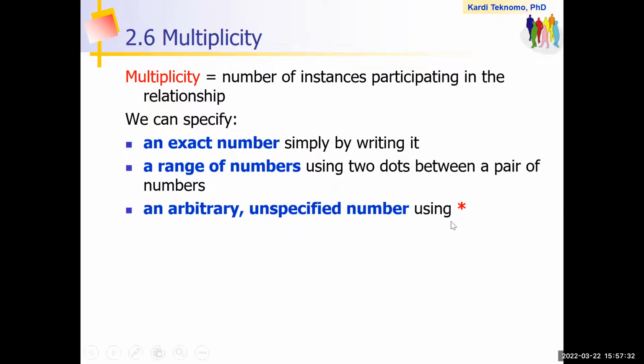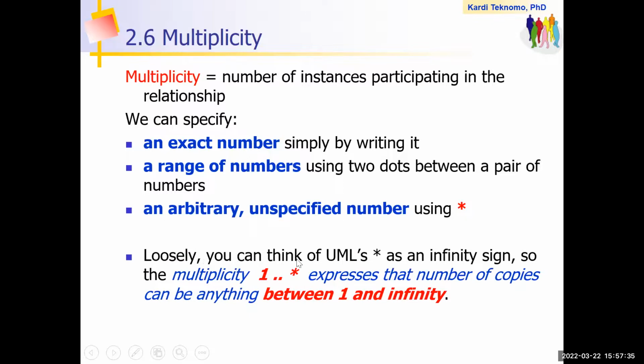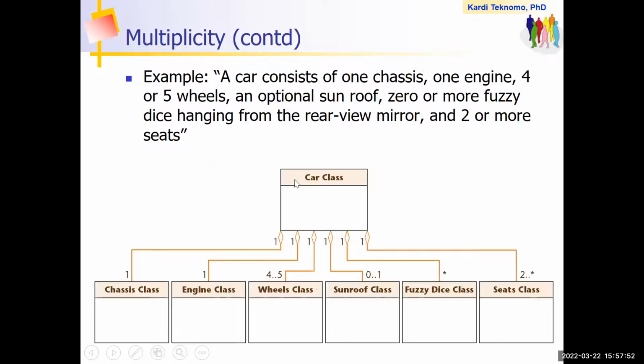So you put a star here. So in UML, infinity means you put an asterisk. So 1 dot dot star means between 1 to infinity. This is an example.